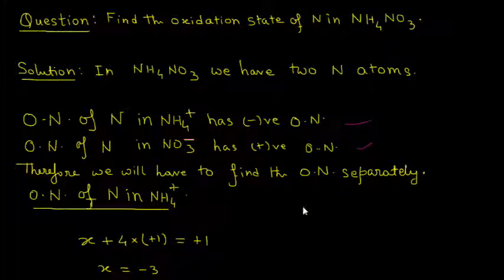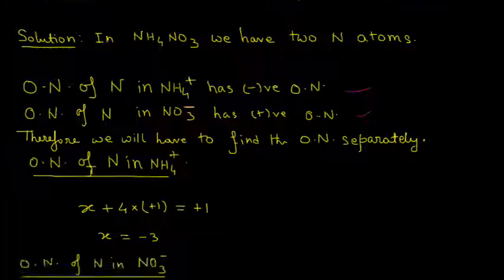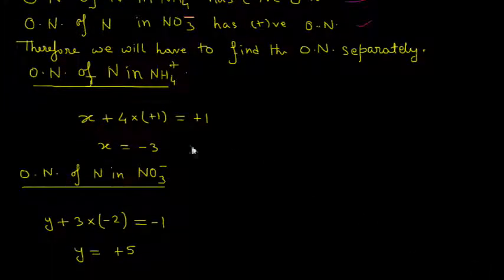Therefore we can find the oxidation numbers separately. The oxidation number of N in NH4+: x plus 4 multiplied by +1 is equal to +1, so x is equal to -3. Similarly, for N in NO3-: y plus 3 multiplied by -2 is equal to -1, so y is equal to +5.